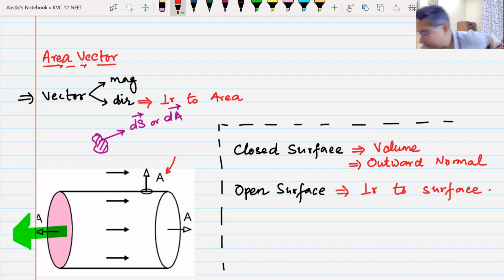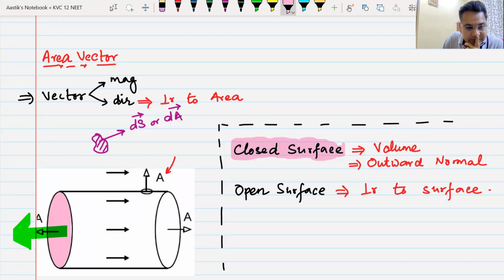Yes, sir. Okay. Now, this closed surface is the surface which you must remember, because this closed surface is going to come a lot of times in this particular chapter. Do we understand this? This closed surface, you will have to understand.